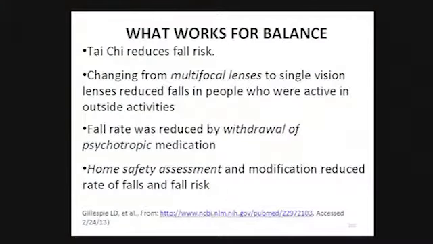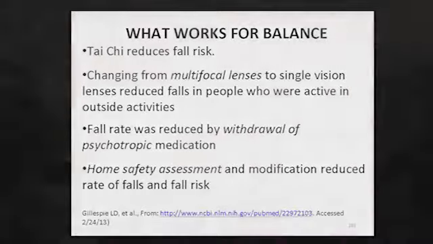So what works? We know Tai Chi works. It's fun. It's out there in the community. You could get it on DVDs. You could get it on the internet. How about the vision? Think about you're watching someone walk around with their rolling walker and they're looking down. Why are they looking down? A, their posture's probably lousy. B, they're usually wearing bifocals.